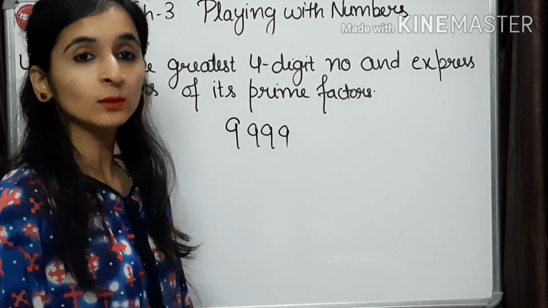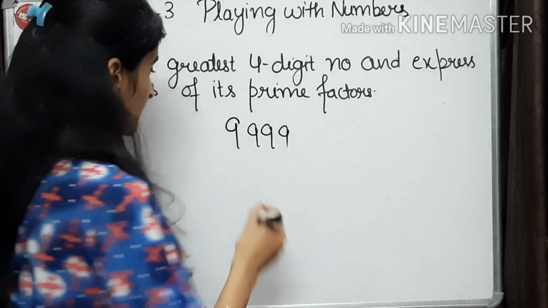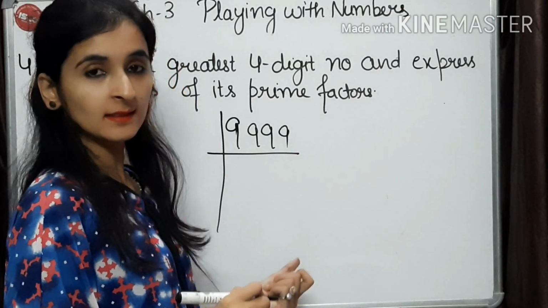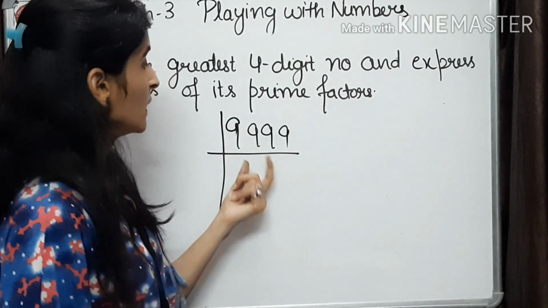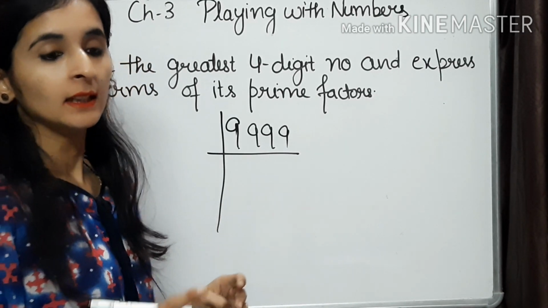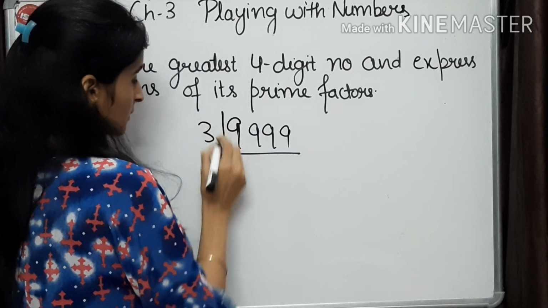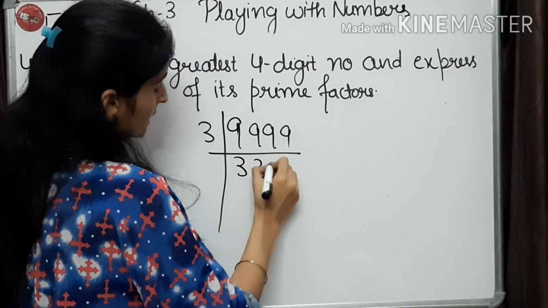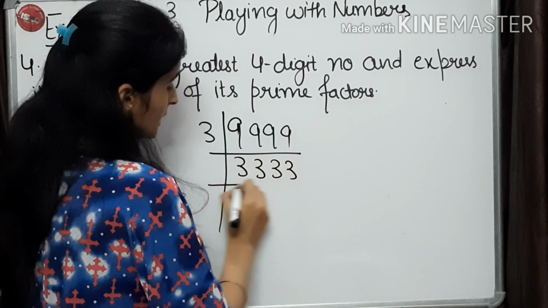So I am going to do this by the division method. As we all know that 9 is divisible by 3, so 9999 is divisible by 3. When we divide this by 3, we get 3333.